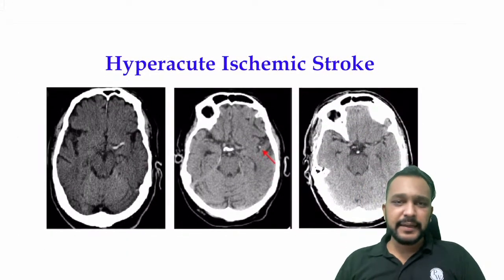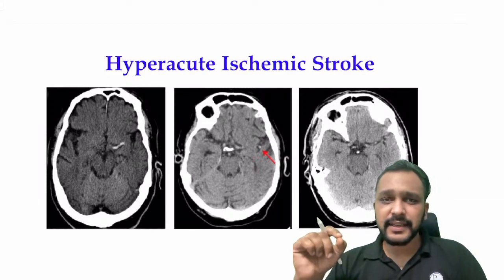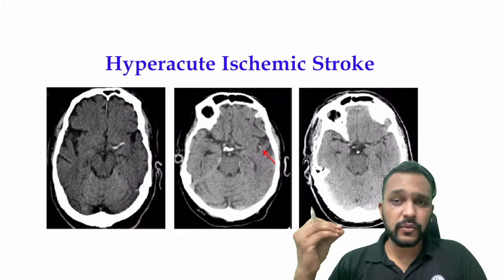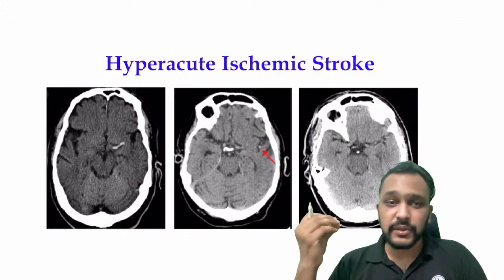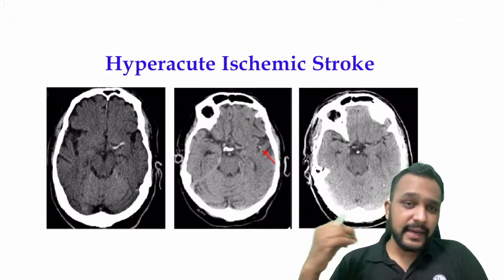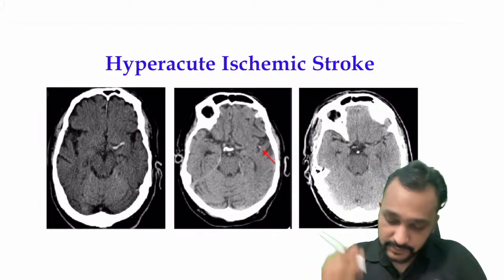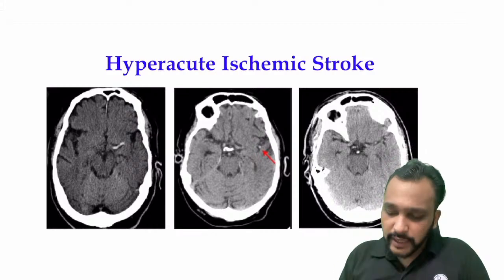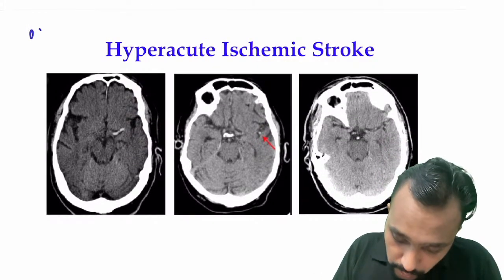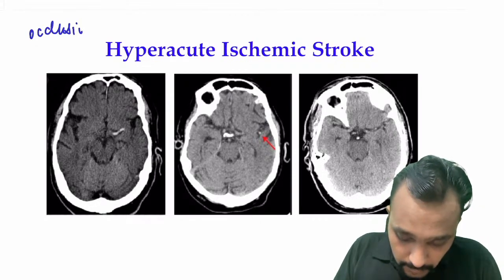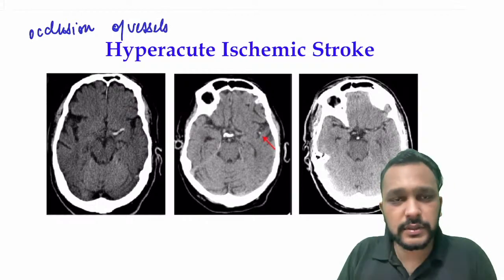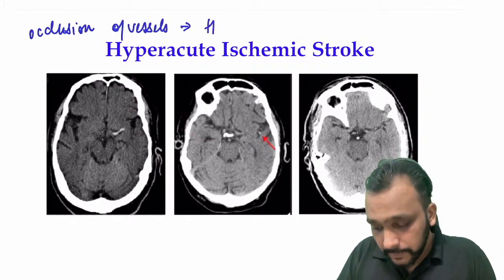Now I told you that on the NCCT head, mostly the images will be normal, but in a few cases, guys, you are going to see subtle signs on the NCCT head, and let us have a look at those subtle signs. So guys, why does stroke happen? It happens because of the occlusion of vessels by any thrombus, right?